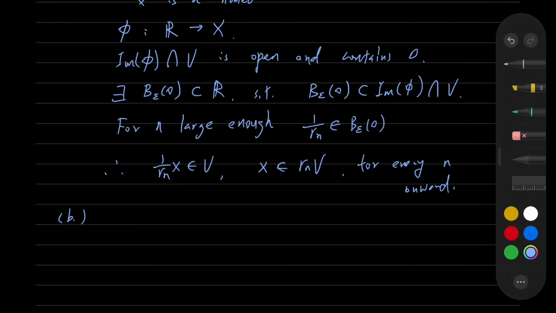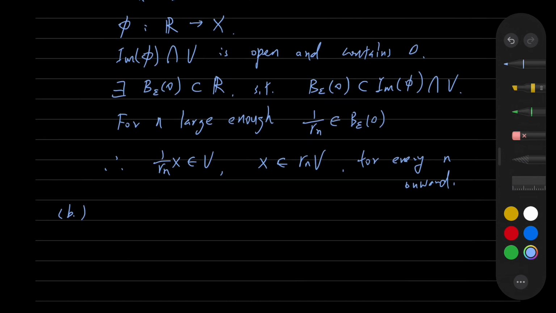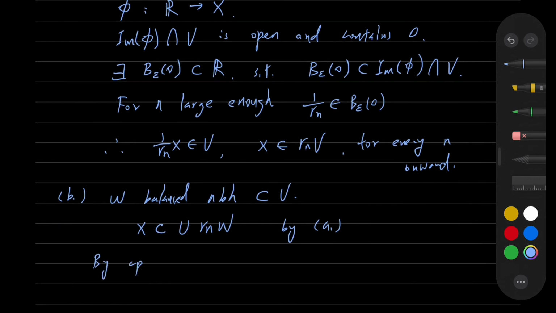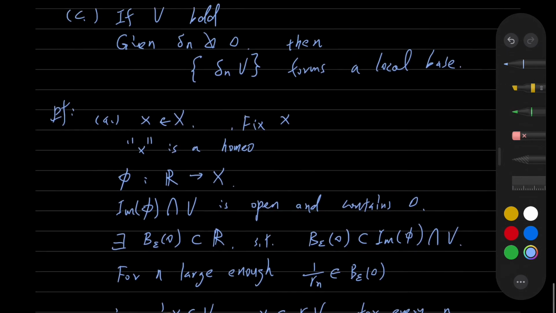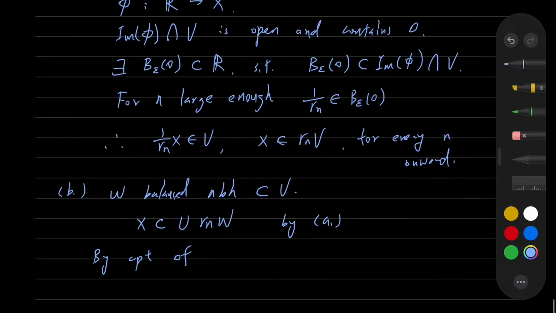And B is simply a consequence of part A. So let's actually choose a balanced neighborhood W contained in V. Then we do the same thing as in A, by A. Then by the compactness of, we didn't have a symbol, let's call it K, a compact set.